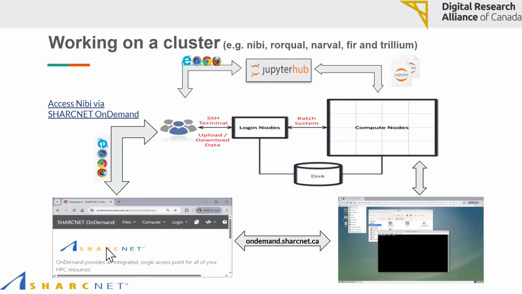Sharcnet OnDemand provides an integrated access to the compute resources on the Nibi cluster using a web browser, similar to JupyterHub, but with more functionalities. So with Sharcnet OnDemand, it is not necessary to use additional tools other than just a web browser to access and work on the Nibi cluster.